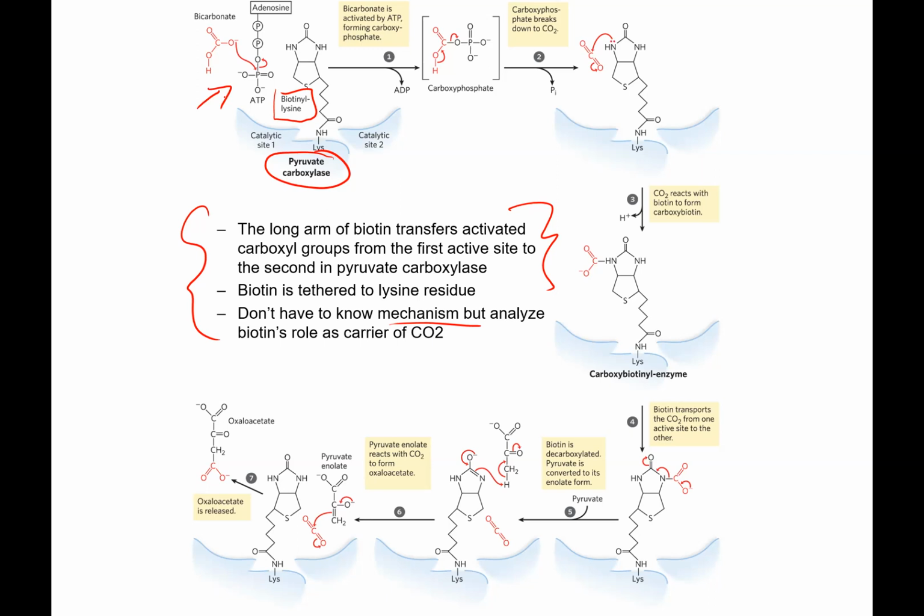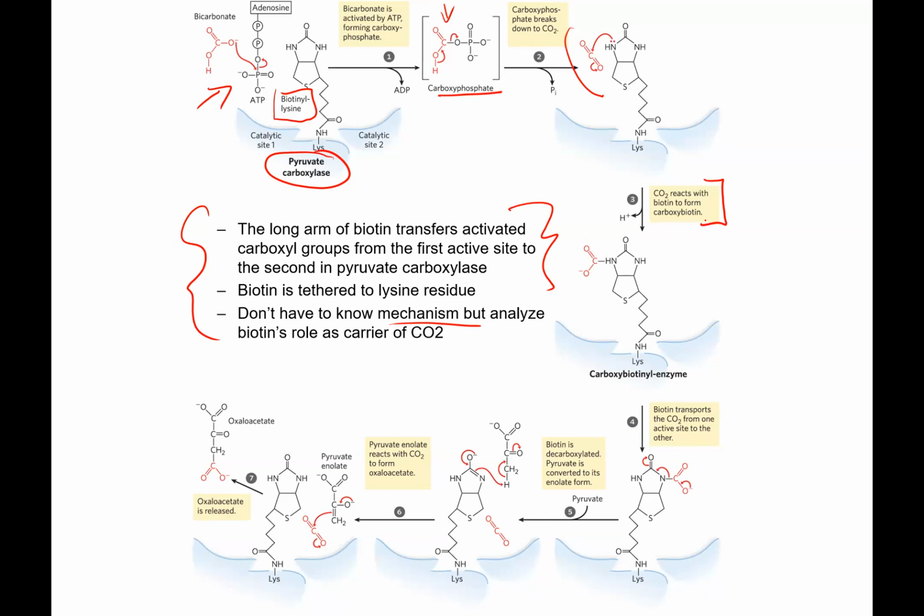And in that process, we get a carboxyphosphate that ultimately releases CO2, which is what you see happening here. So we get bicarbonate combining with the ATP and release ultimately of the phosphate to form CO2. That CO2 then attaches itself to the biotin. The CO2 reacts with biotin and we get carboxybiotin.